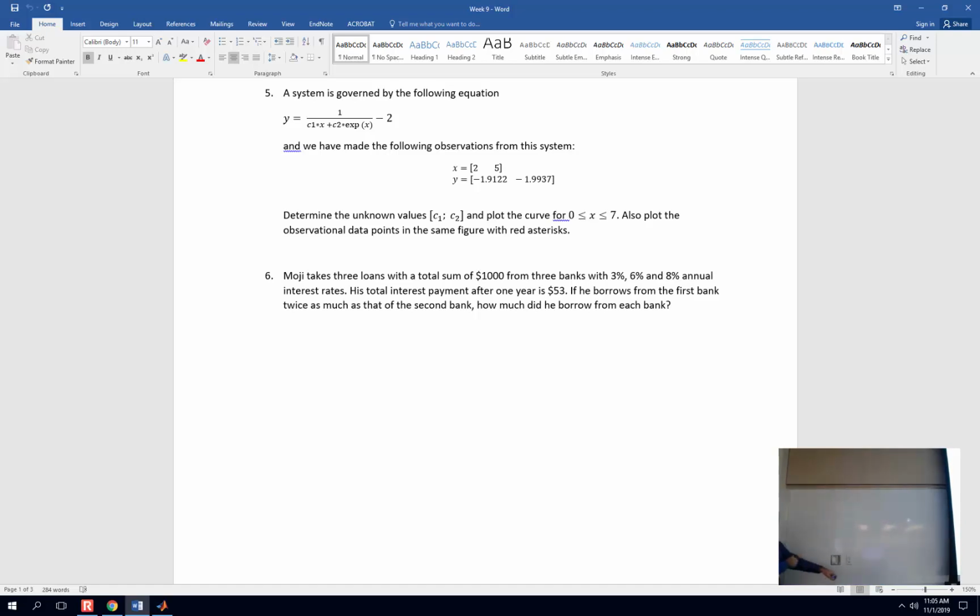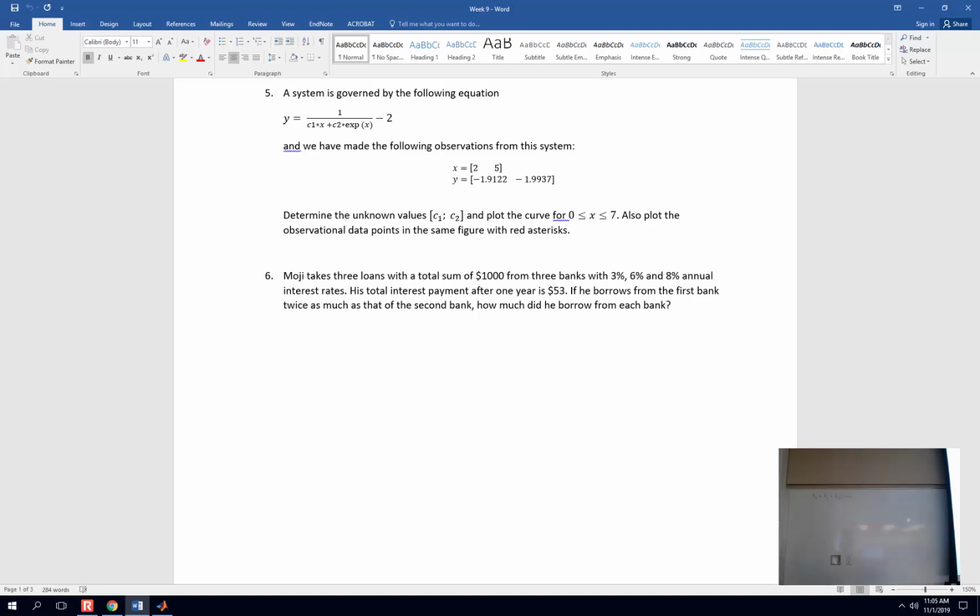So let's start translating these into mathematical equations. I take three loans, so I have x1, x2, and x3, summation of which is $1,000. So that's my first equation: x1 plus x2 plus x3 is 1,000.